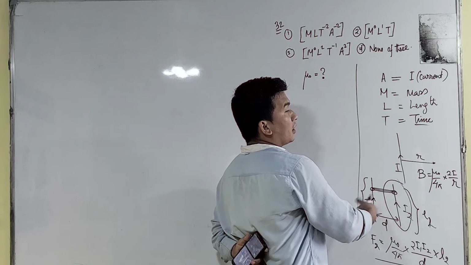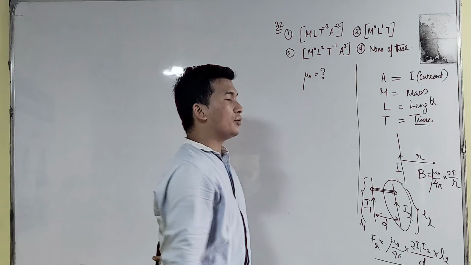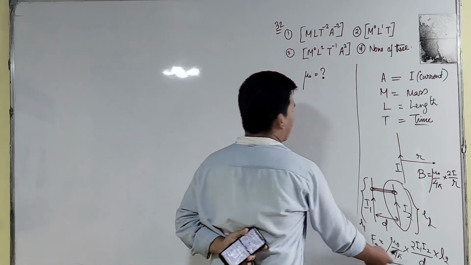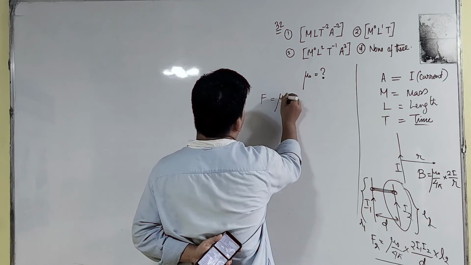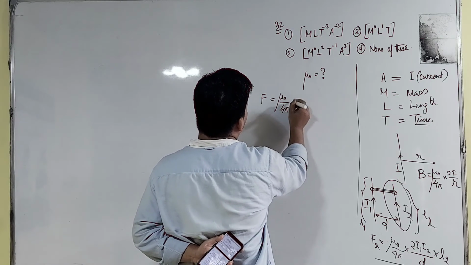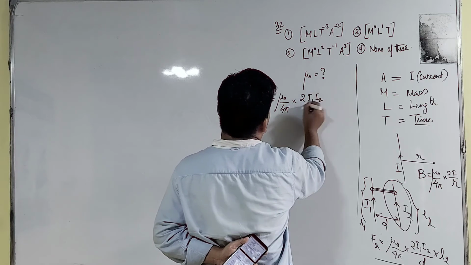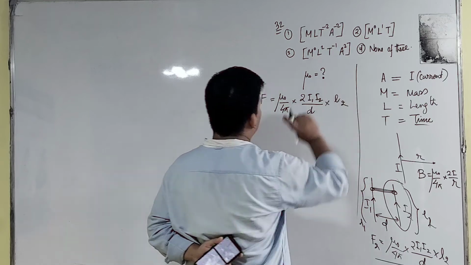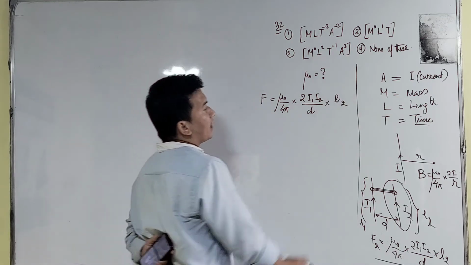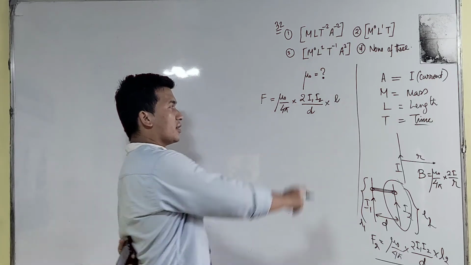So there will be a force of attraction or repulsion between these two current carrying wires, and the formula will be given as F is equal to mu naught by 4 pi into 2 I1 I2 divided by distance of separation into length L2. This is distance.